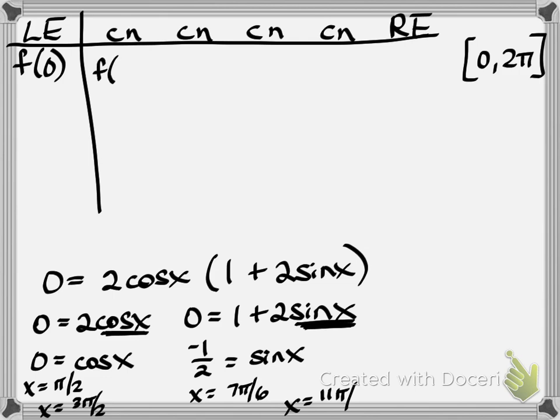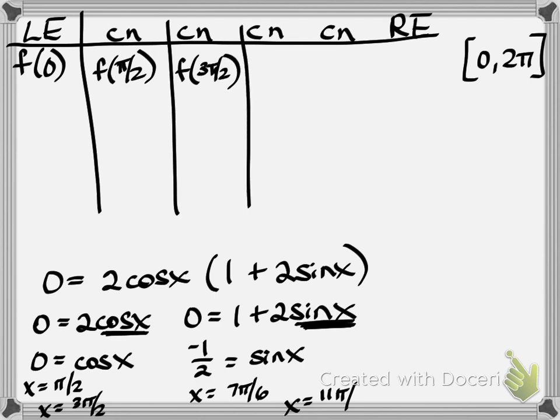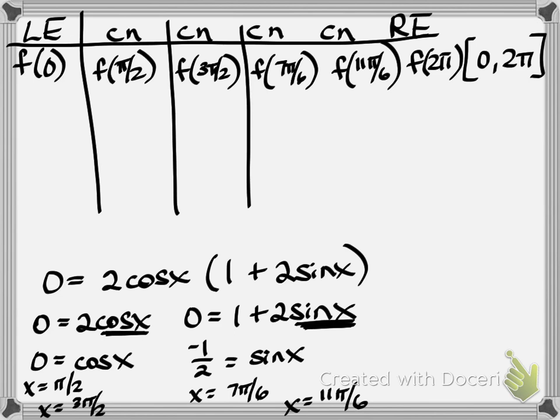The first critical number is pi over 2. The next critical number is 3 pi over 2, and we could look on the unit circle to help us to get these in the right order. The next one is 7 pi over 6. And the next one is 11 pi over 6. And the right endpoint is 2 pi. So I'm not a very good chart maker.